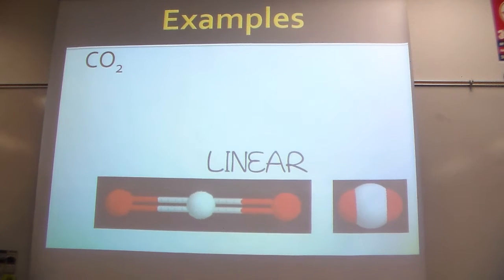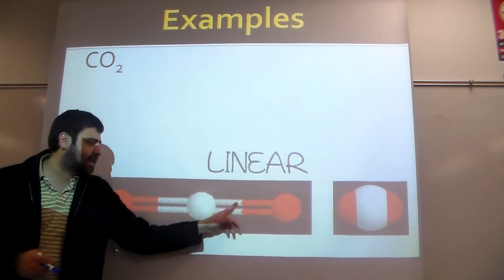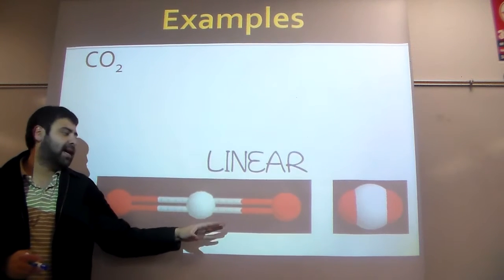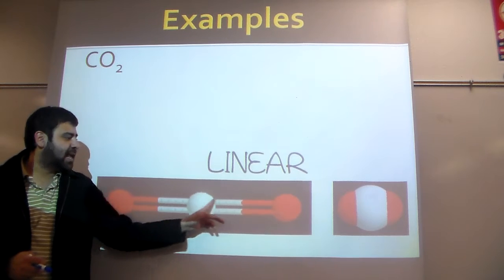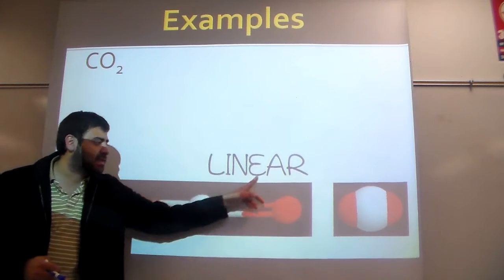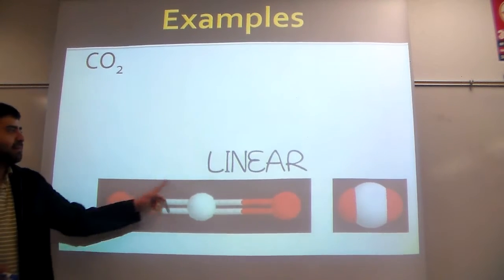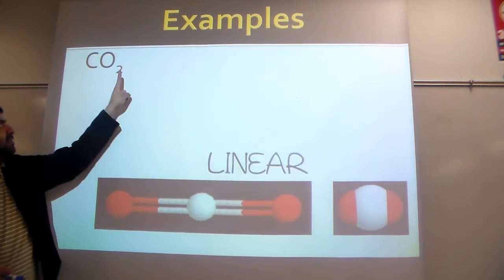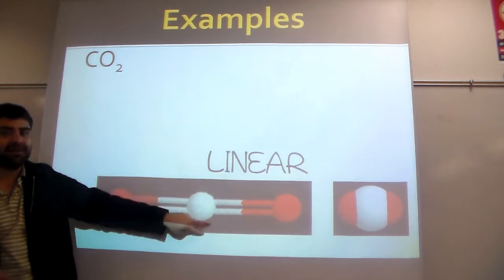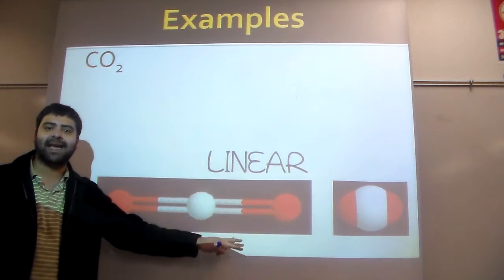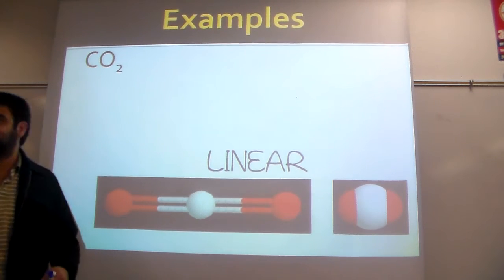And we call that linear, and here you see a few different versions. Now this one we know is specifically carbon dioxide because again it is showing those double bonds, but keep in mind that even though it's a double bond, this is still only 1 atom bonded to the central atom, a second atom bonded to the central atom, so this is 2 bonded atoms and 0 lone pairs. And refer to the chart above and you know that that will be the case for anything that is linear.